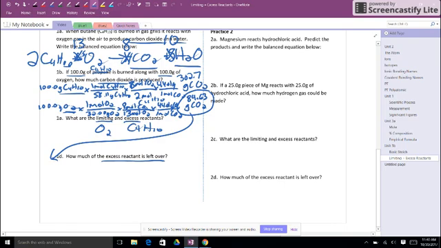Let's start from the product made, 84.63 grams of CO2. And let's go to excess butane. Now we have 44 grams of CO2 per 1 mole of CO2. We have 8 moles of CO2 per 2 moles of butane.